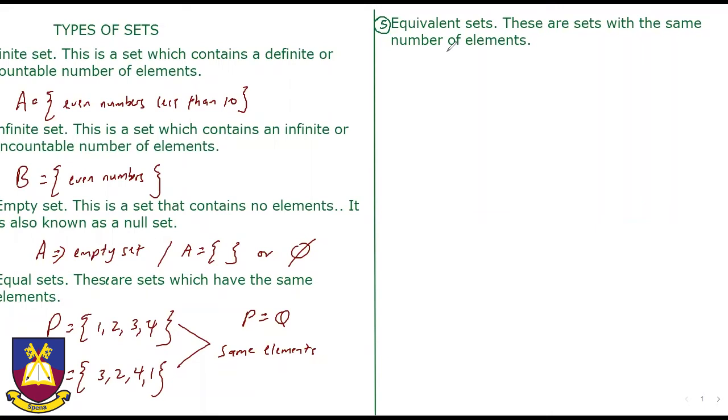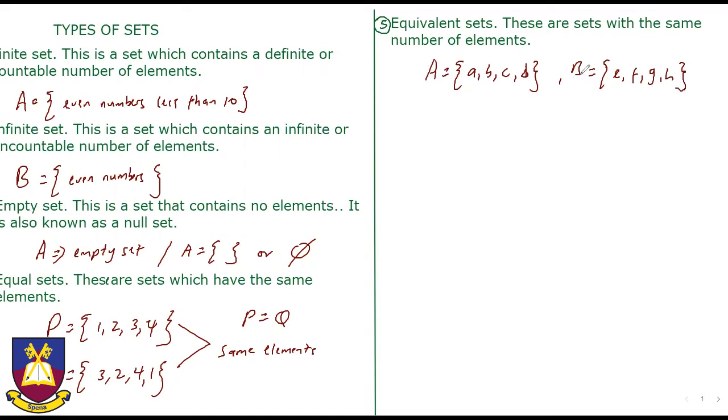Equivalent sets are those sets which have the same number of elements. Now, this should not be confused with equal sets. If I have two sets, A with elements maybe A, B, C, and D, and I have a set B which has elements E, F, G, and H, these two sets are equivalent because they have the same number of elements.